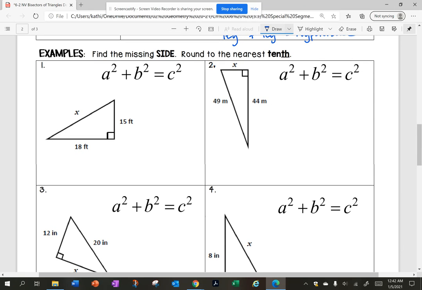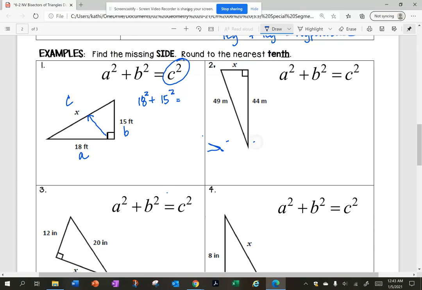So looking at number 1, I am trying to find x here. Well, x is across from the right angle, so this would be my hypotenuse c. So I'm trying to solve for c. I'm going to be substituting in, and it doesn't matter which one I call a or b for the legs. So I'm going to call this one a and this one b. A squared is 18 squared plus b squared is 15 squared.